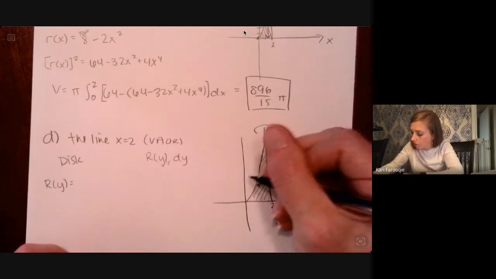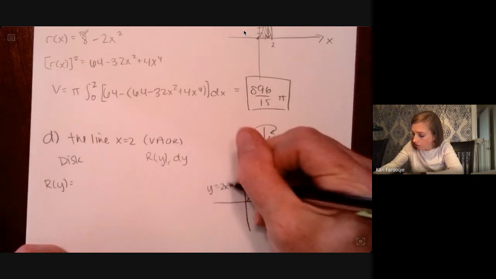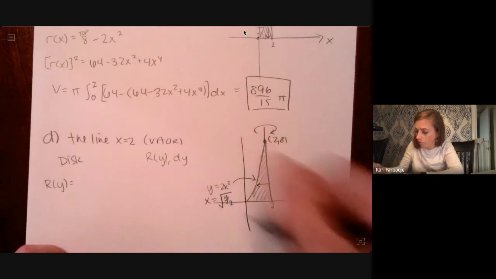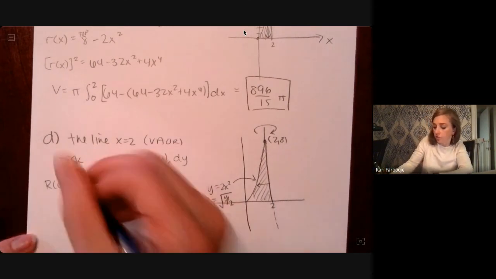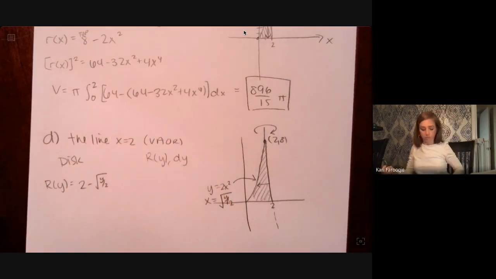This function was y equals 2x squared, and we solved for x, and we said it was the square root of y over 2. So when you set up your r of y, you're looking at 2 minus the square root of y over 2.